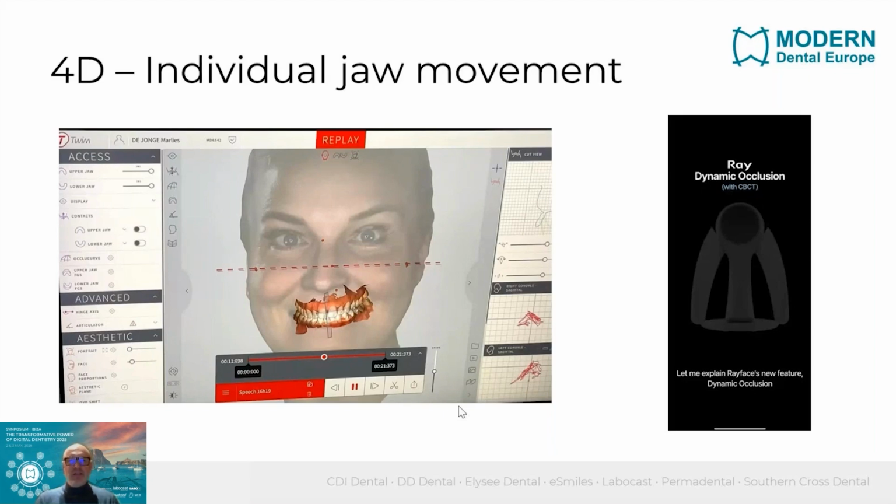So very nice. And to make the story complete today, we have to go after 3D to 4D. And 4D, this is the dimension of time when we register the movement of the jaw, the individual movement of this patient, and this can be done also with different devices today.